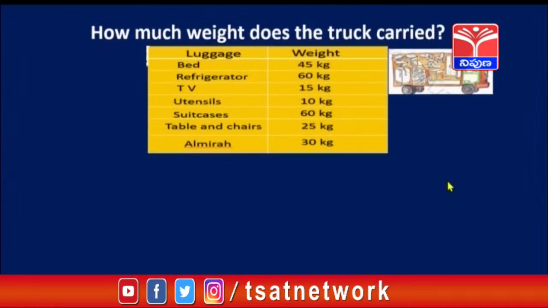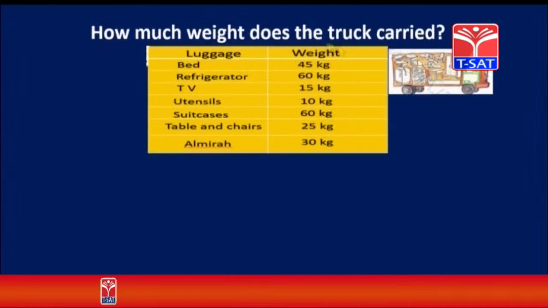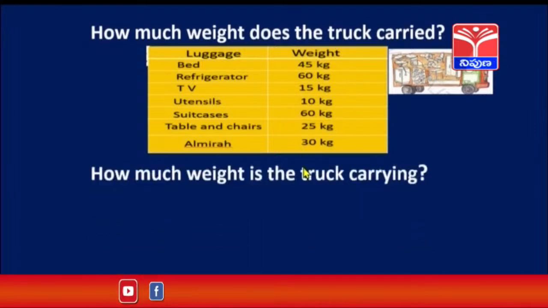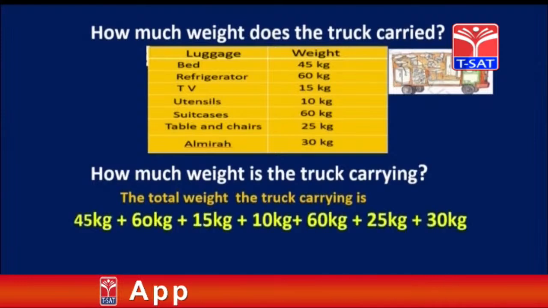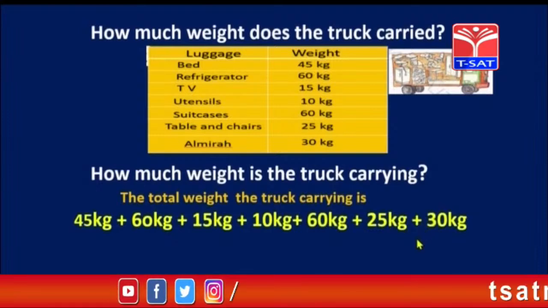Now children, can you tell me what is the weight the truck is carrying? Yes, to know the answer we have to add all these weights together. Thus, the total weight the truck is carrying is 45 kgs plus 60 kgs plus 15 kgs plus 10 kgs plus 60 kgs plus 25 kgs plus 30 kgs.